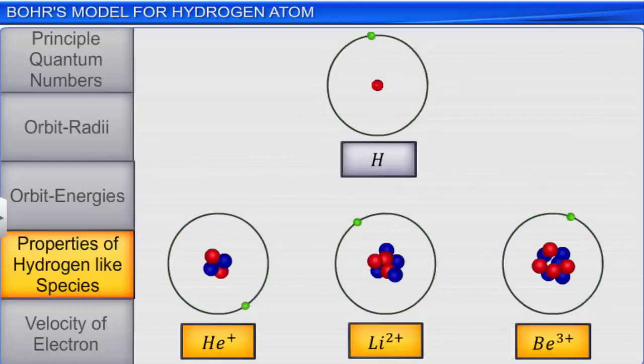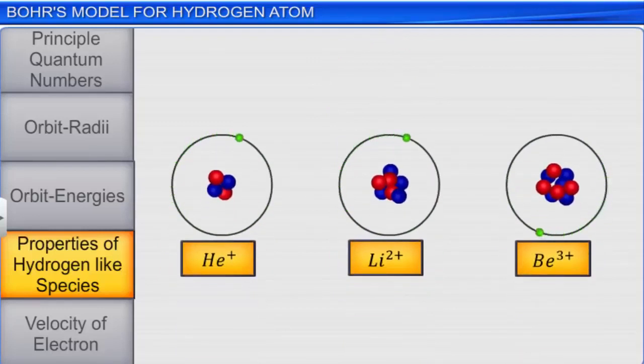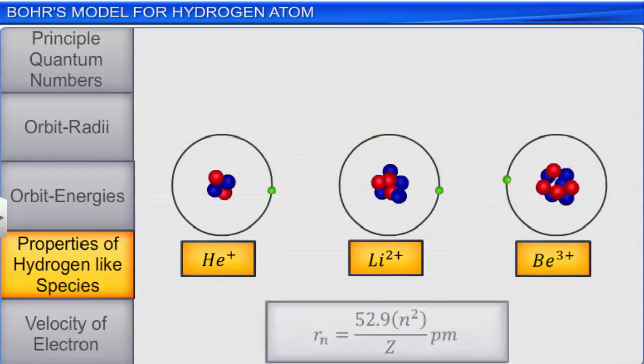The energies of the stationary states of hydrogen-like species are given by the expression En is equal to minus Rydberg constant multiplied by the square of atomic number divided by the square of principal quantum number. The orbit radii of these ions are given by the expression Rn equal to Bohr's radius multiplied by the square of principal quantum number divided by the atomic number.